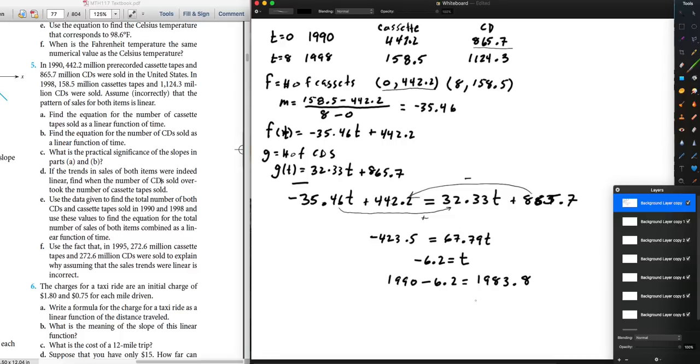All that means is sometime during 1983 is when CDs overtook cassettes, according to these equations, according to this data. Whether that's actually true or not, I don't know. As far as parts E and F go, don't worry about them. That is not anything I'm going to test you on.